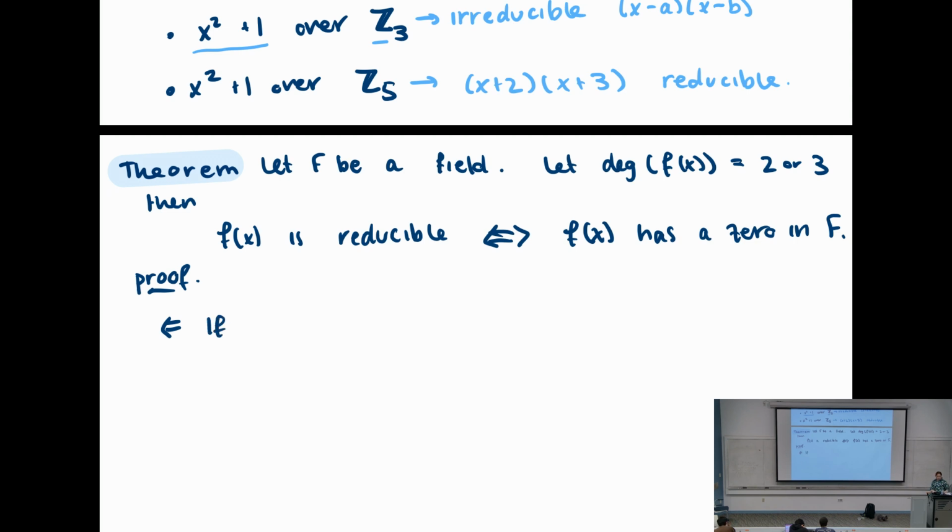So if a is a root, then x minus a is a factor. And we showed this last time. So that means that you can factor your polynomial as x minus a times something else. Okay, then for the other direction, let's suppose that f is reducible.